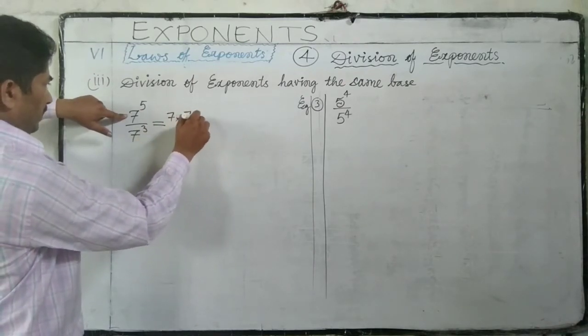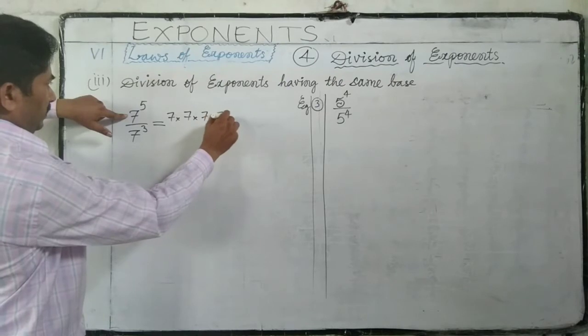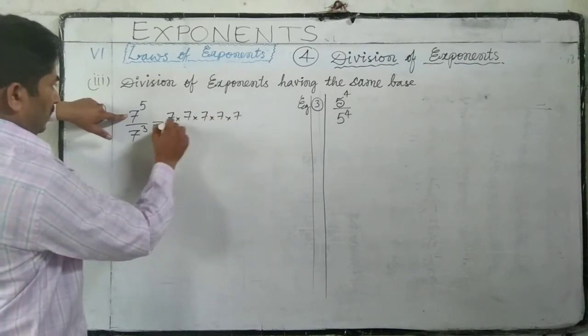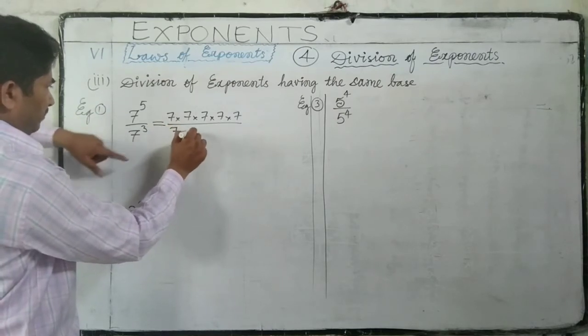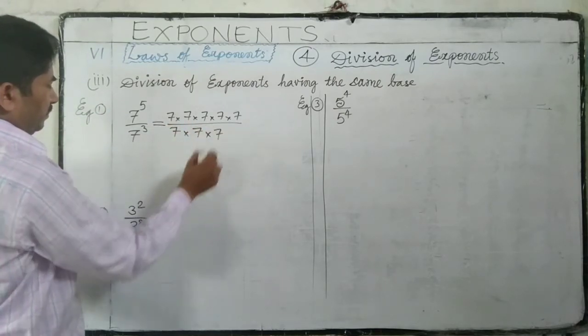7, 7, 7, 7, 7 divided by 7 three times, 7, 7, 7.